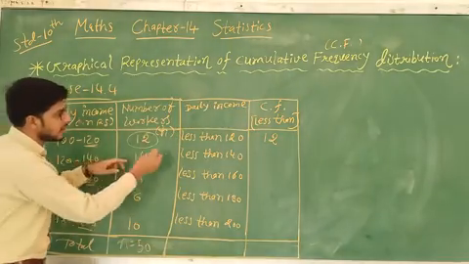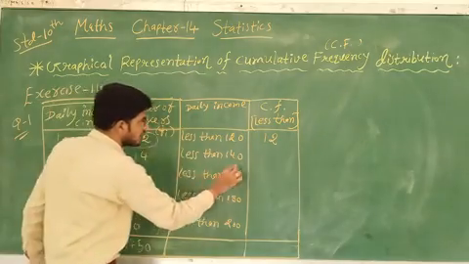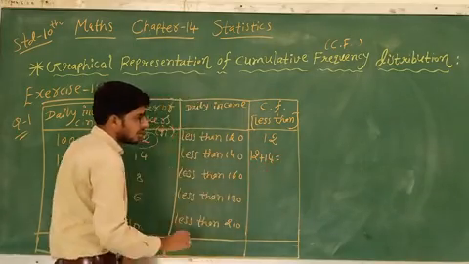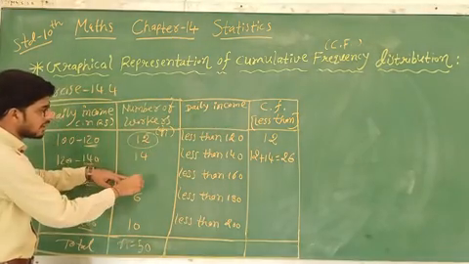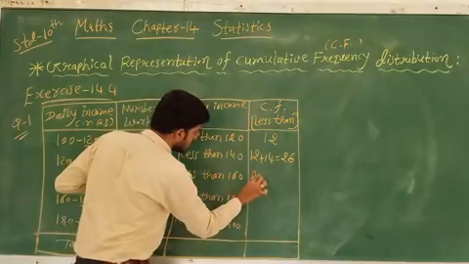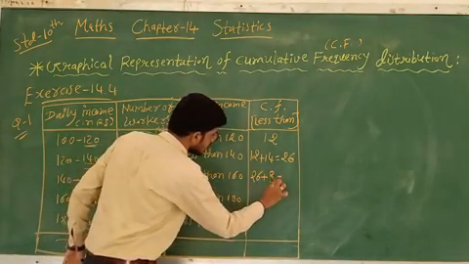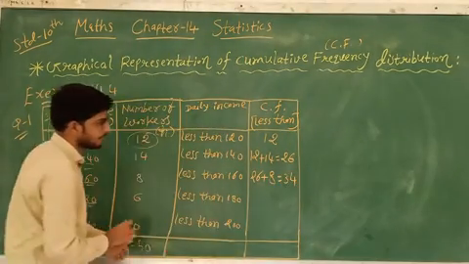Next we have to add the next frequency to the first frequency, so 12 plus 14, the answer is 26. Next we add the next frequency, 26 plus 8, so 34.